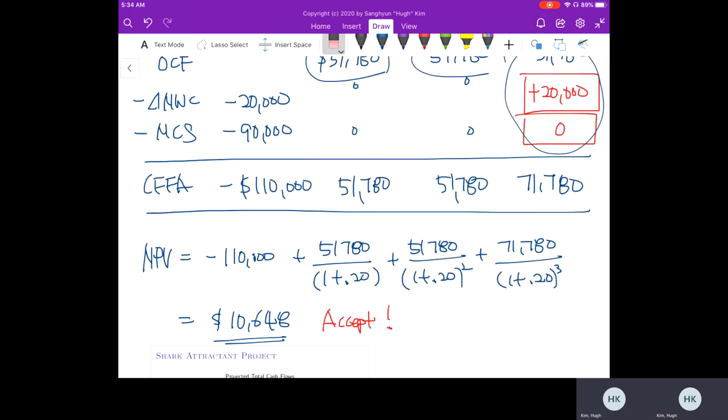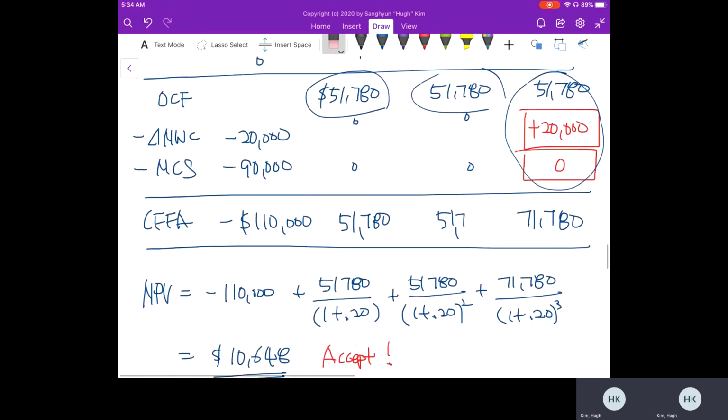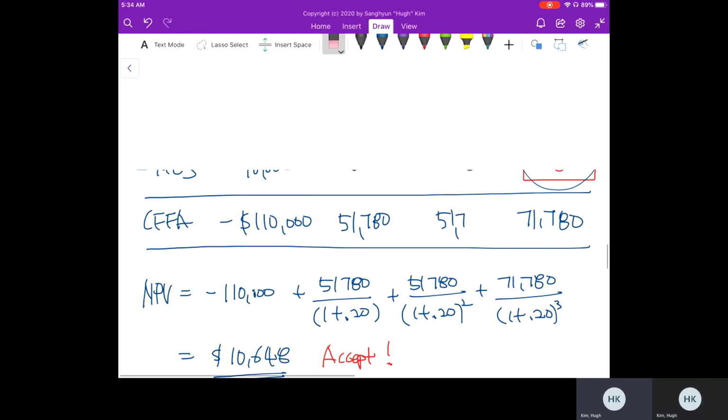Okay, so now that we've gone through the entire capital budgeting process, from estimating incremental cash flows for a proposed investment project to deciding whether or not we should accept the project, we're going to see some of the details of the capital budgeting analysis.